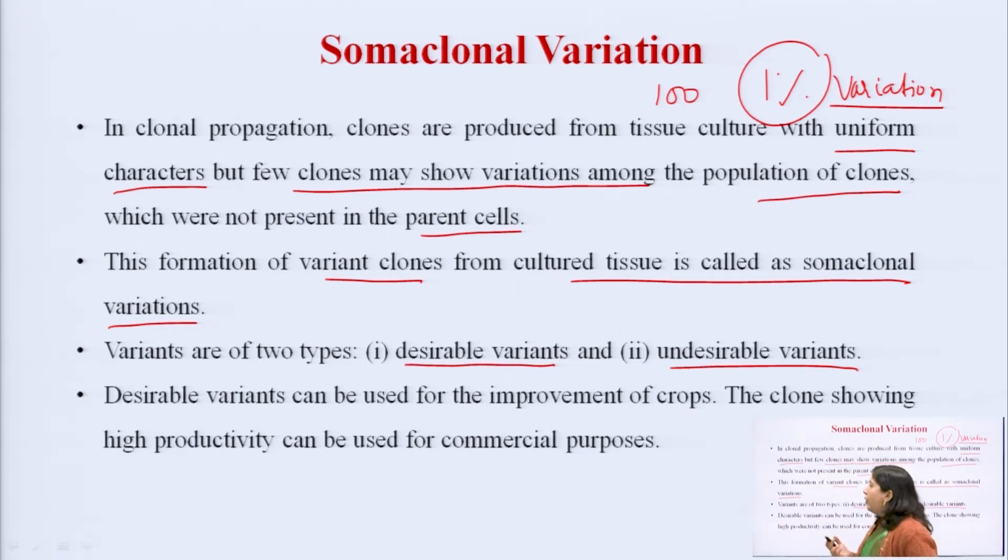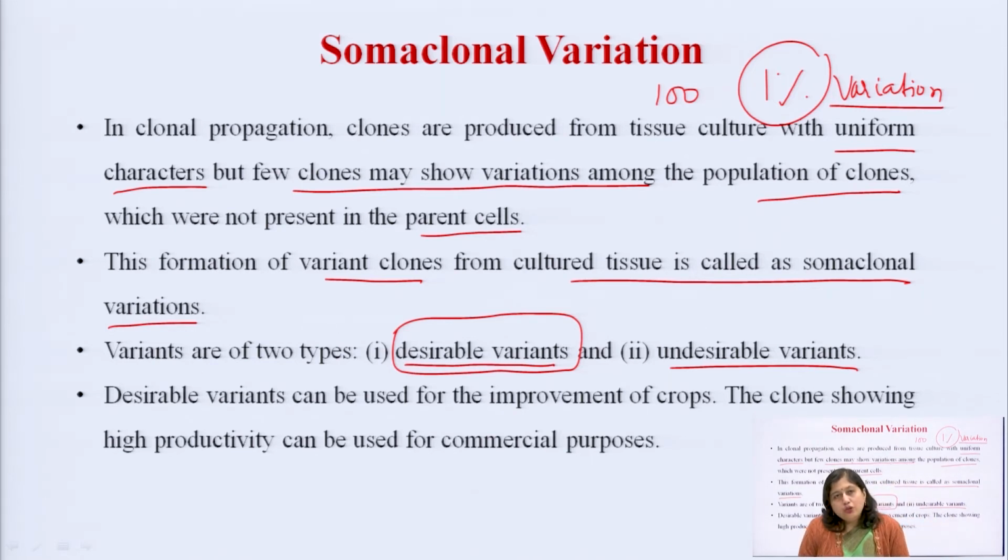So, what is our benefit? We have to focus on those variants which are showing the desirable variations, and we can use these properties to develop our next crops. Okay. So, this is giving us a chance, a hope that we can have a variation with a better quality from the variety which we have been using for clonal propagation.